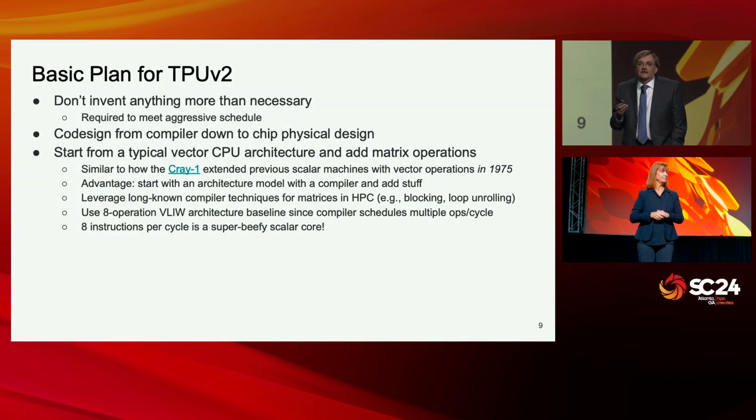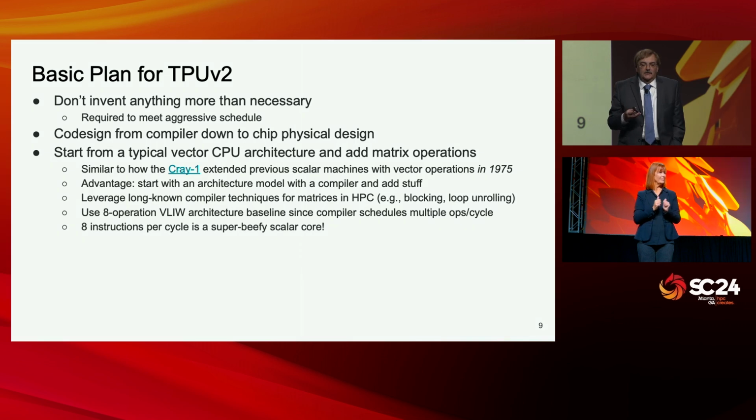We used, for a scalar machine, an 8-operation VLIW architecture. And I've never been a big fan of VLIW machines, and I never expected to design one. But when you're doing 8-way issue and the compiler is under total control of the code, and we don't have any dynamic operations like cache misses because we have scratchpad memories and stuff like that, everything is deterministic pretty much.